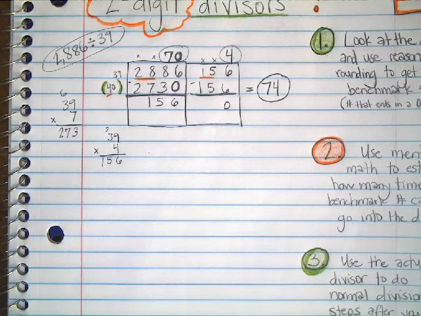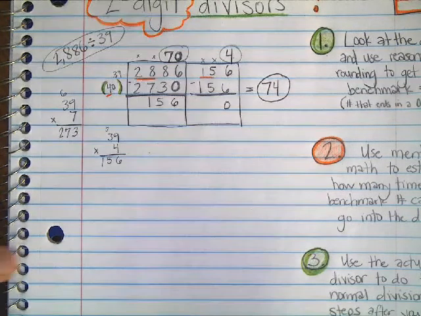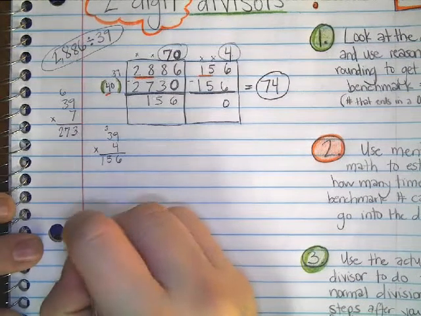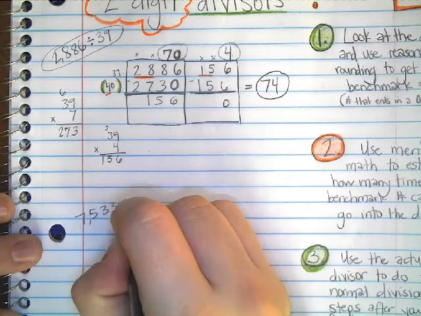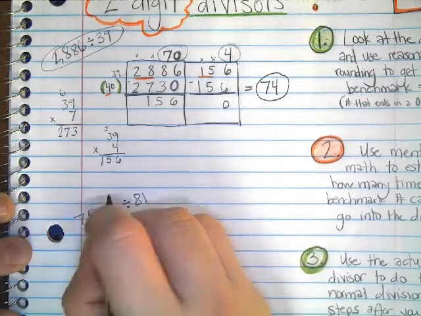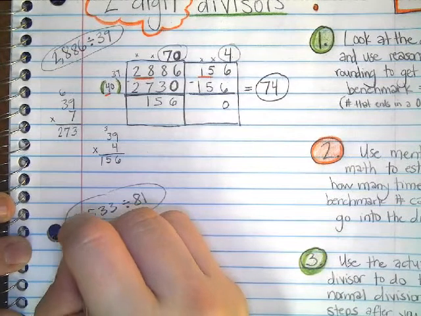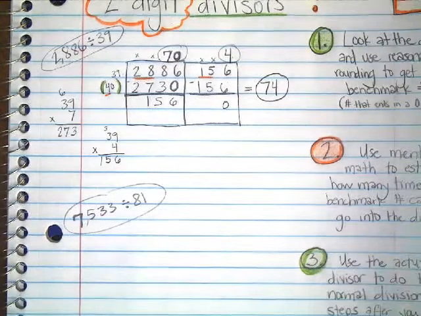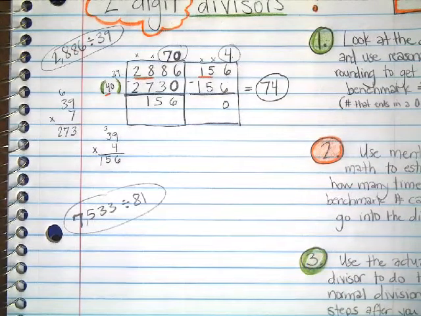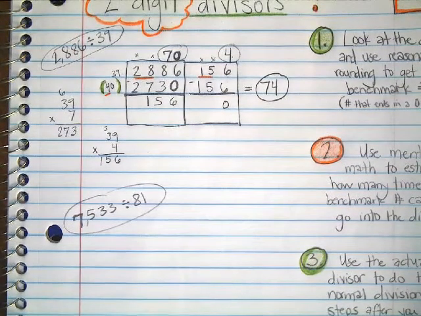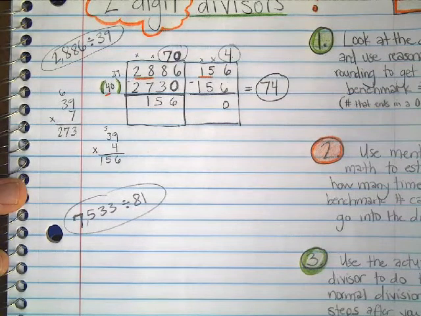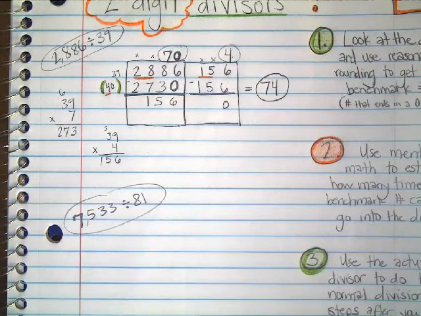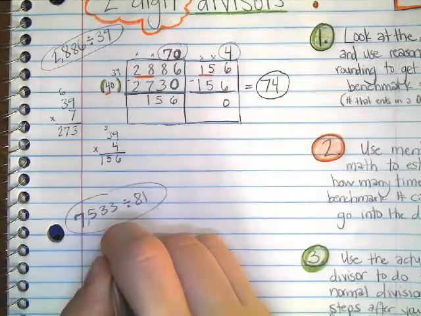Okay, let's try another one like this. Let's try 81 is the divisor. So 7533, I'm going to write a diagonal, divided by 81. 7533 divided by 81.